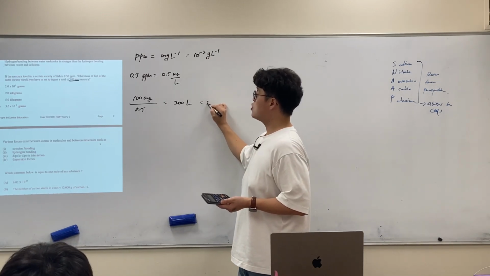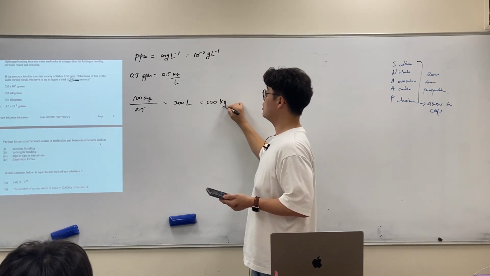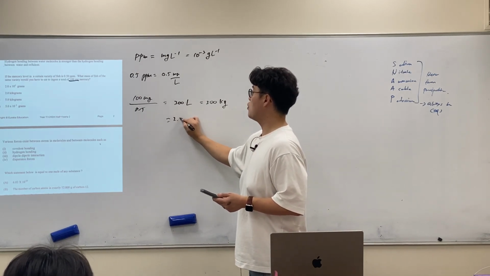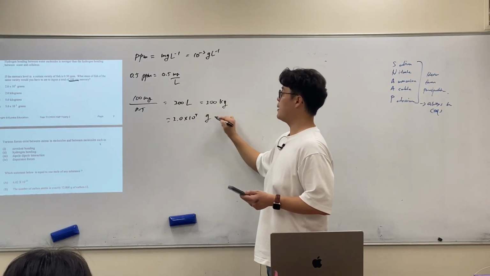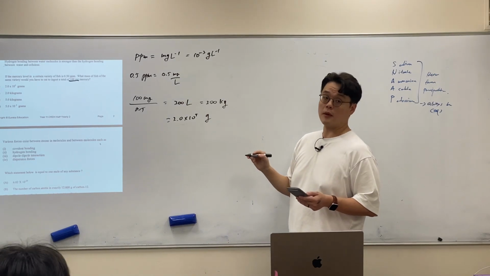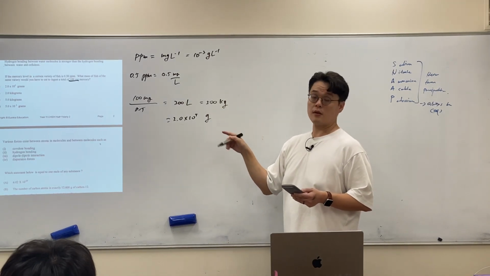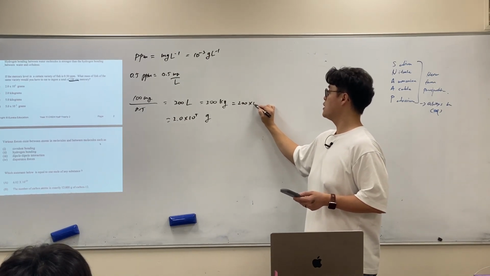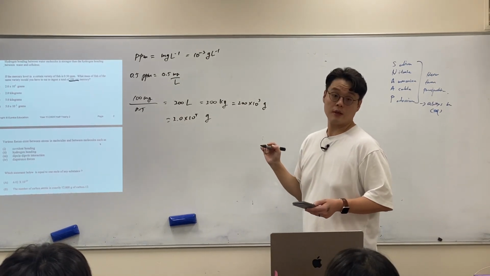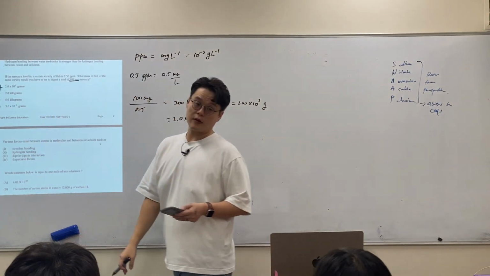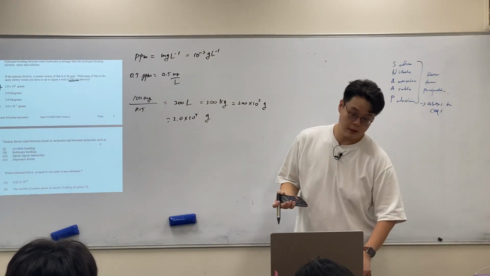That's the same as 200 kg in terms of unit conversion, and that's the same as 2.0 times 10 to the power 5 grams. As 200 kilograms is the same as 200 times 10 to the power 3 grams. Okay, so the answer is A for the given question here.